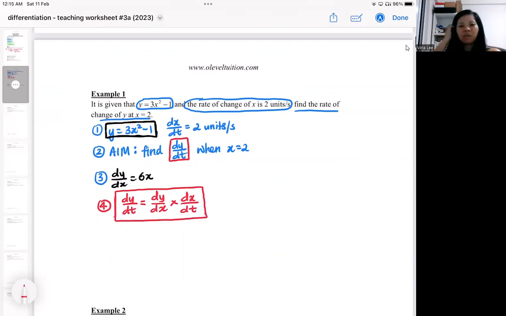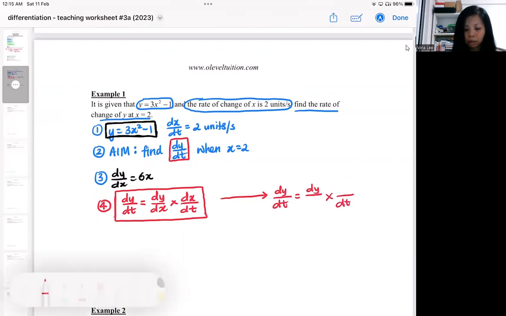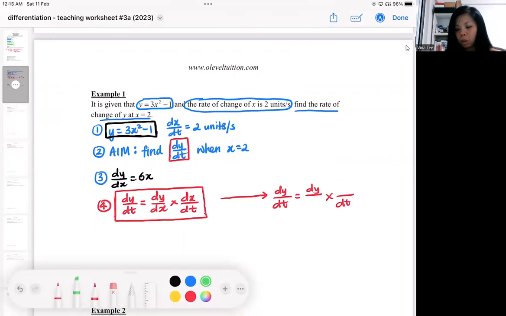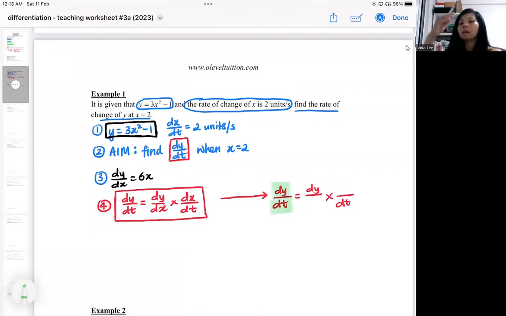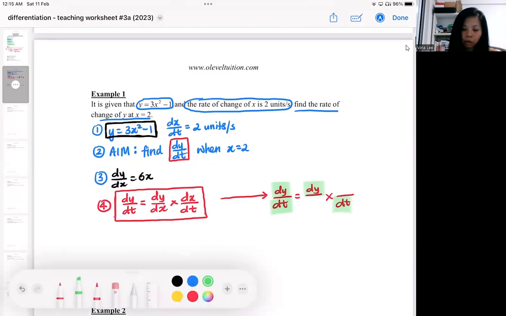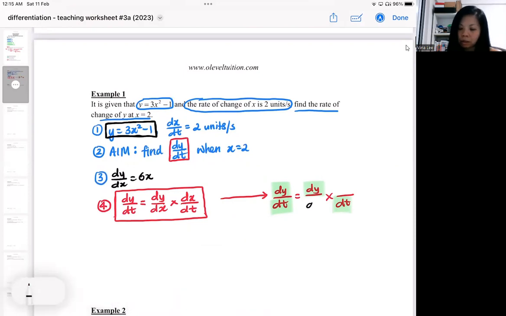So how does this formula come about? You can look at it this way. You can diagonal these 2 things. Can you see I diagonal? dy and dt is vertical, so it is like top and bottom. So I change it in this way, and I'm introducing a dx.